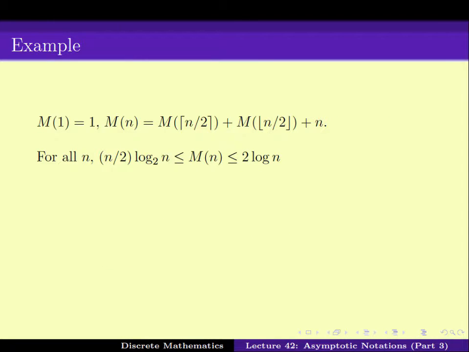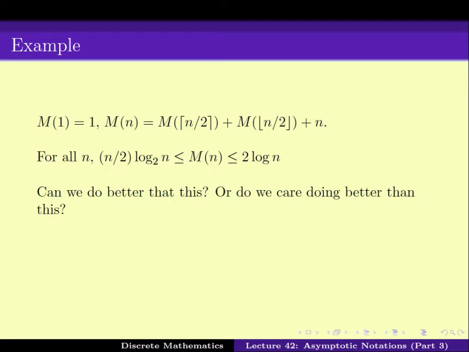So we looked at this particular example, m(n) equals m of ceiling of n by 2 plus m of floor of n by 2 plus n. And instead of guessing, what we could do is upper bound and lower bound m(n) by some value. And the question was, can we do better than that?